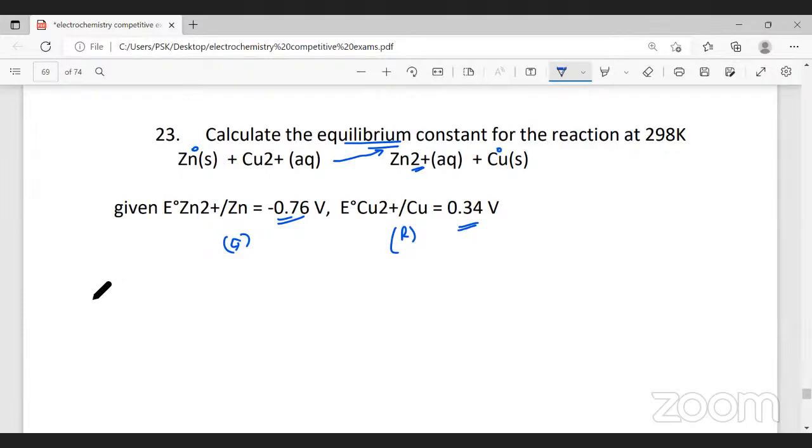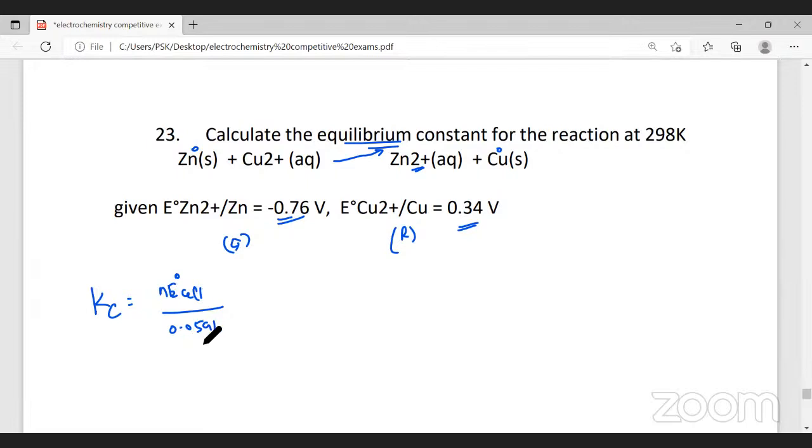So remember, equilibrium constant is related as log Kc is equal to n E naught cell divided by 0.0591. So this is the formula. Now what is E naught cell? E naught of cell is E naught of cathode minus E naught of anode.